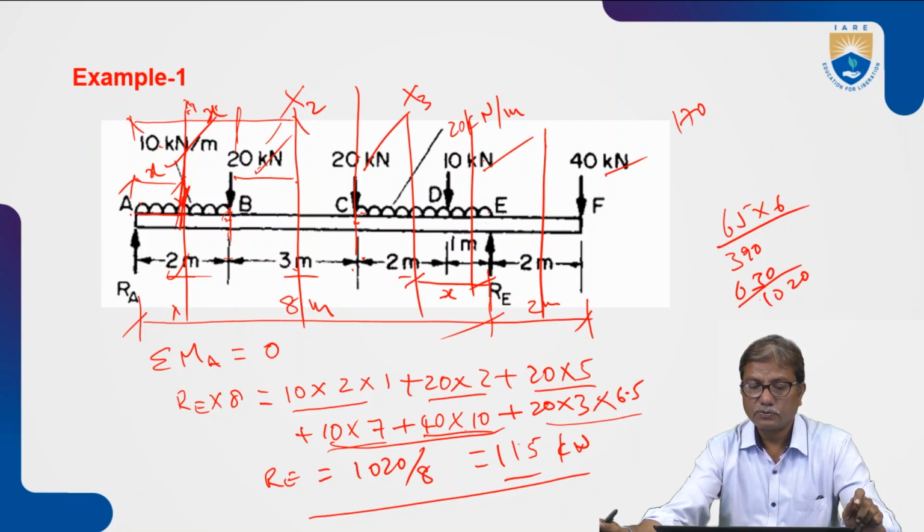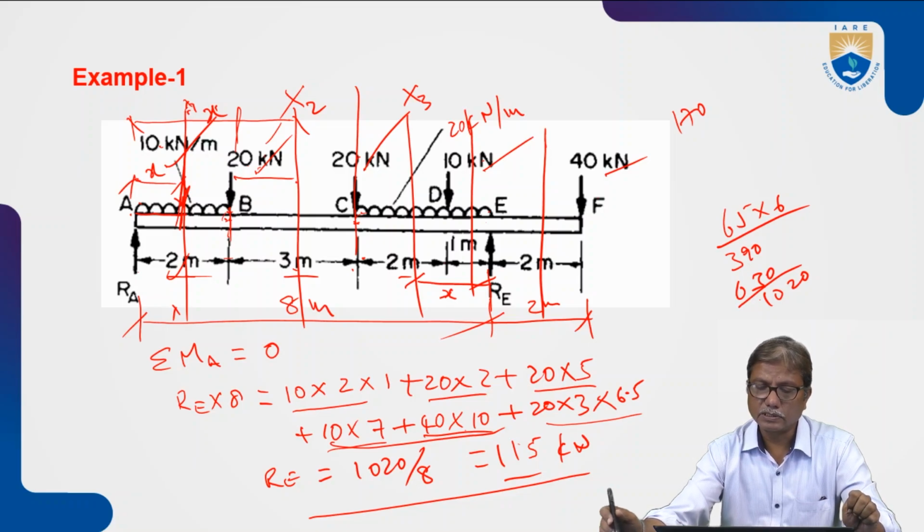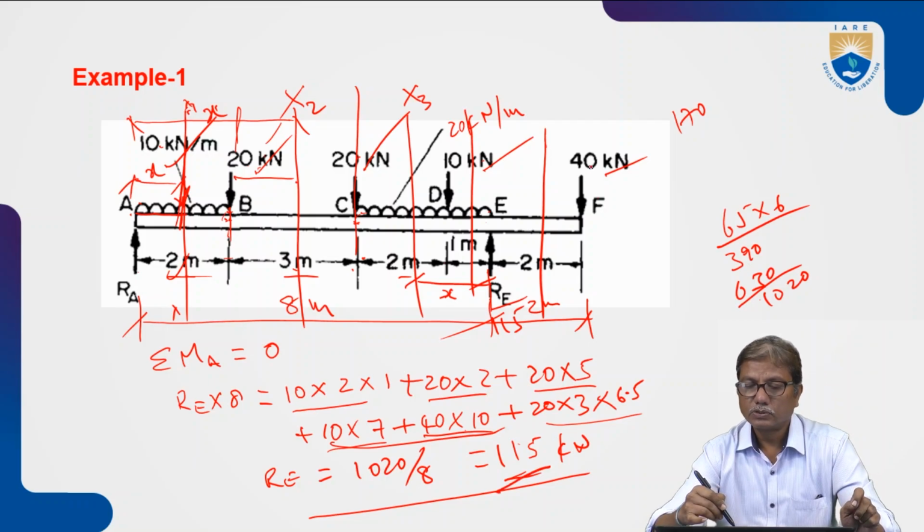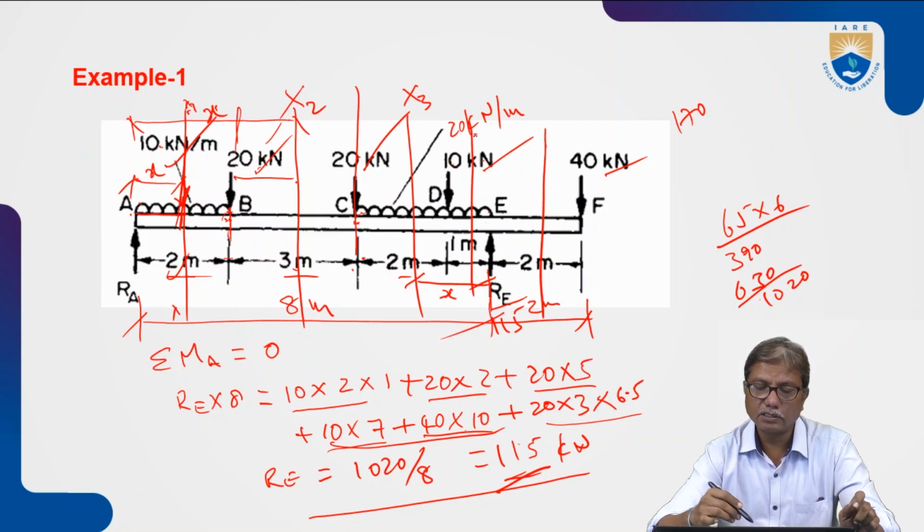So what will be the shear force considering the right hand side? The convention is right side downwards is positive, isn't it? The value of RE is 115. So 40 is downwards, right side, positive. 10 is also positive.